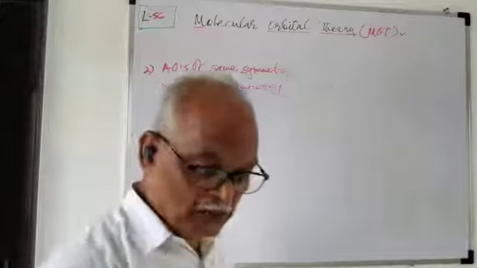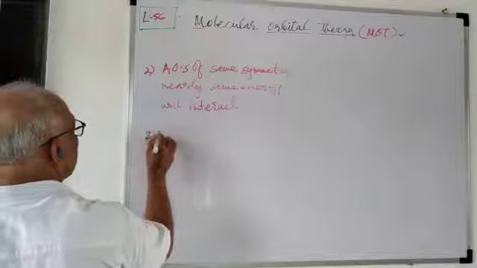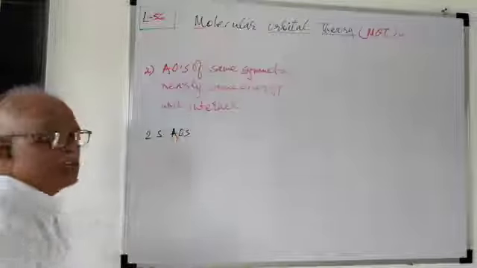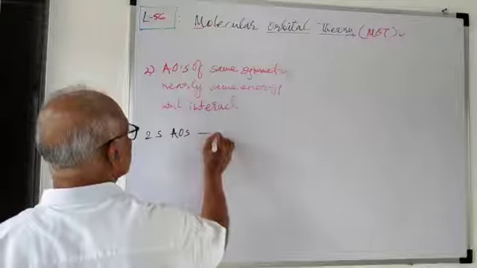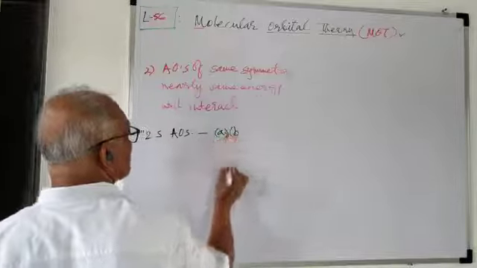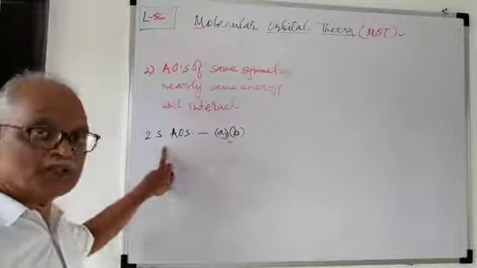So we know that there are two s atomic orbitals, 2s atomic orbitals, one of atom A and one of atom B. So atom A will have one 2s, atom B will have another 2s.